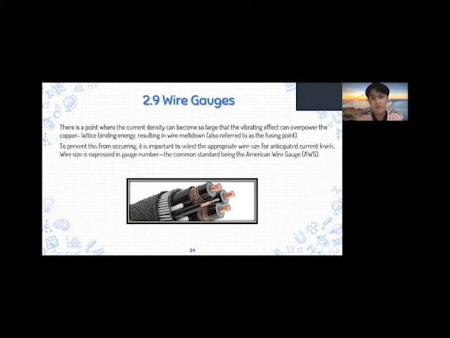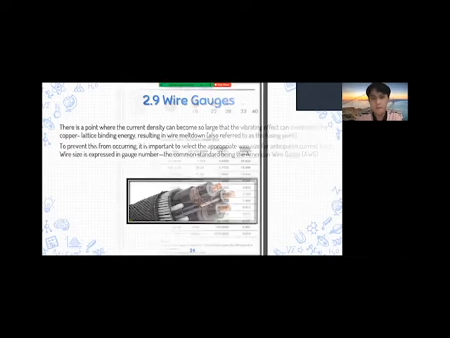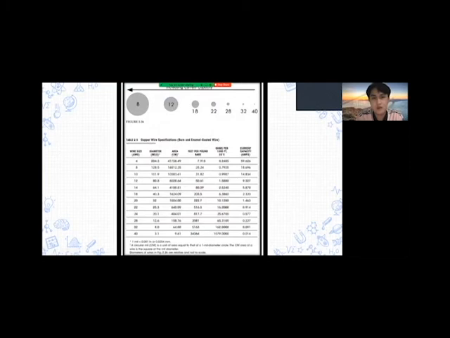To prevent this from occurring, it's important to select the appropriate wire size for anticipated current levels. This is the table showing the copper wire specifications appearing in enamel coated wire.